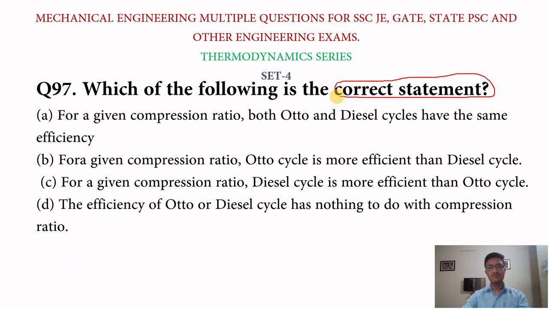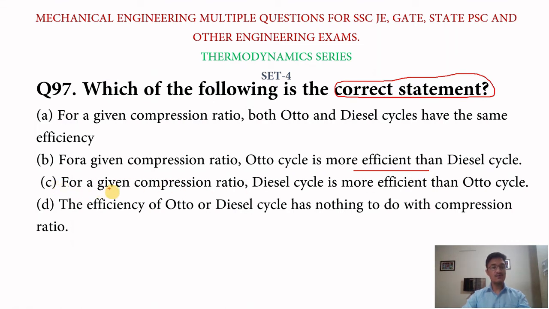Next question is, which of the following is correct statement? We have to find out which statement is correct. We have four statements. Statement A, for a given compression ratio, both Otto and diesel cycle have the same efficiency. Option B, for a given compression ratio, Otto cycle is more efficient than diesel cycle.